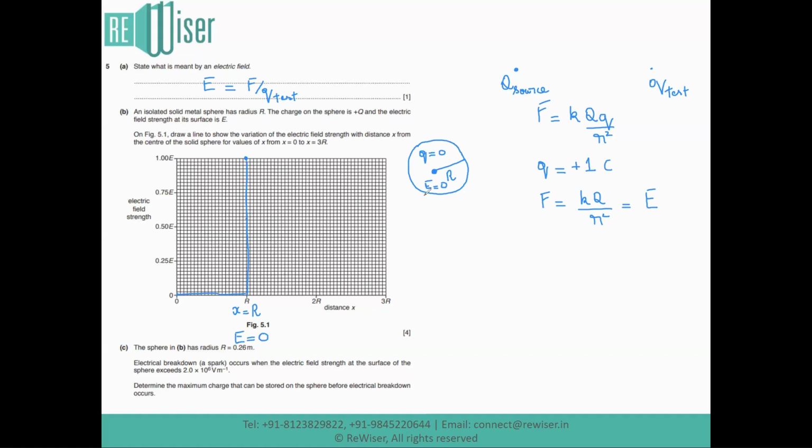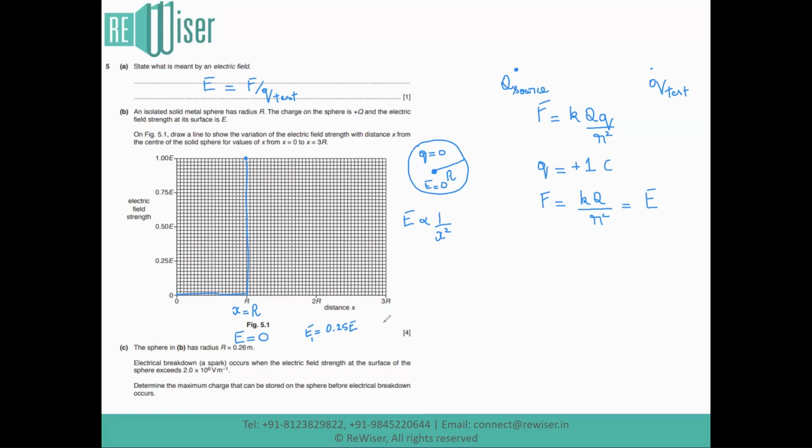Now, moving ahead, electric field E has an inverse square relationship with R, which is given by E proportional to 1 by R square. Let me rewrite this as 1 by x square, since x is a variable. So for x equal to 2R, you have E equal to 1 by 2R the whole square, or 0.25 times 1 by R square, or the value of E is 0.25 times its original value at this point.